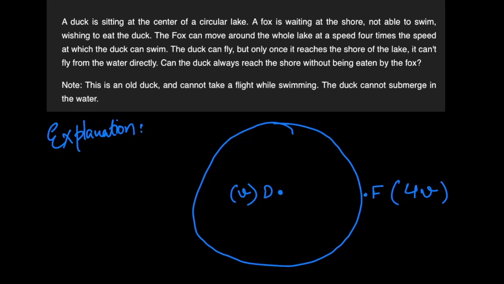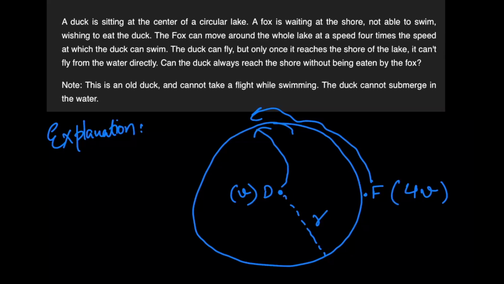No, this is an old duck and cannot take a flight while swimming. The duck cannot submerge in the water. So basically, the problem is that we've been asked that if this duck, and let's say the circular lake has a radius of r, can this duck somehow reach the circumference or the shore of the lake before the fox reaches that exact same position?